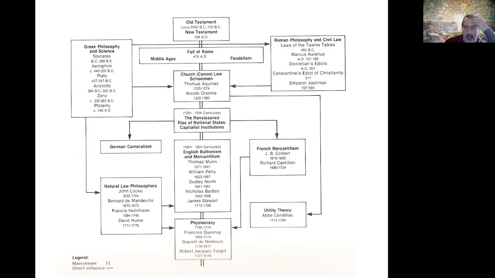This kind of cosmology was developed by Ptolemy. Actually, it's based upon the Aristotelian understanding of cosmology. Cosmology means views about cosmos, right? Anyway, and then we have the fall of Rome, feudalism, Roman philosophy here.